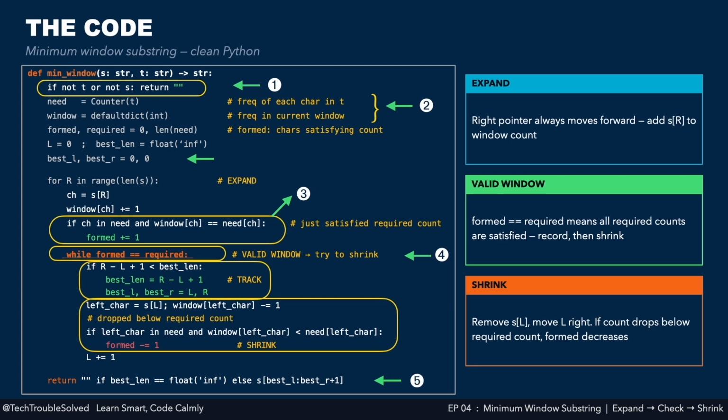One thing worth noticing, best L and best R are initialized to 0, 0. That looks like it could cause a bug, but it's harmless because if no valid window is ever found, best length stays infinity and the return statement gives back empty string before those values are ever used.